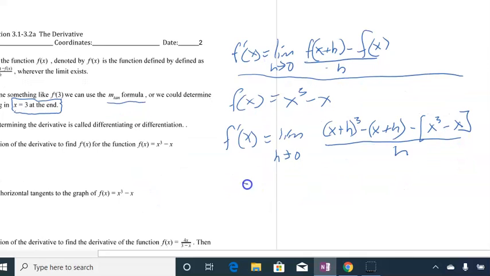Let's expand out this x plus h cubed, so the limit as h approaches 0, and then we get x cubed plus 3x squared h plus 3x h squared plus h cubed, and we'll get that if we just multiply all of that out, right?